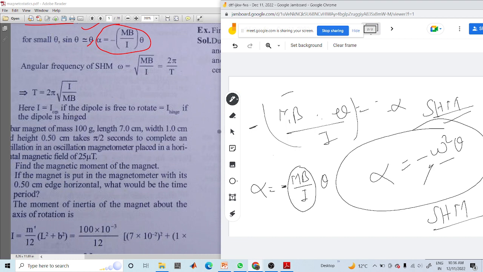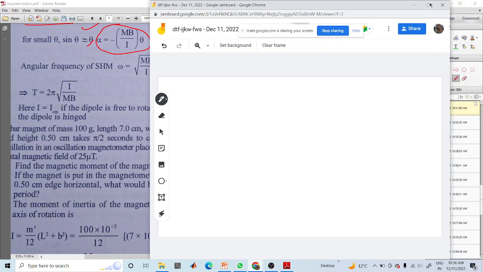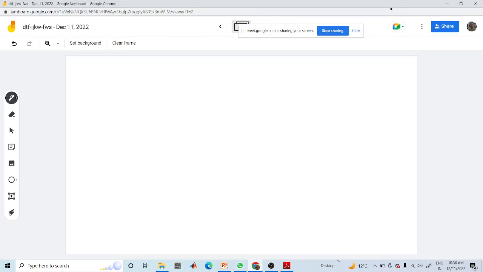And omega is what? Angular frequency. So now we have omega equals under root MB upon I.